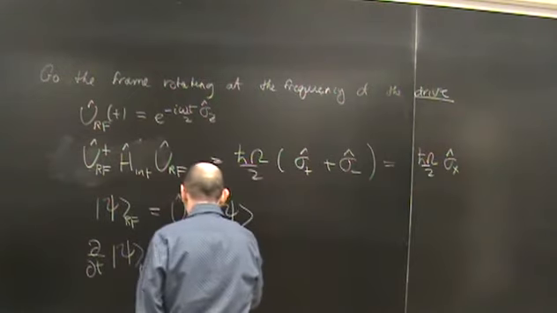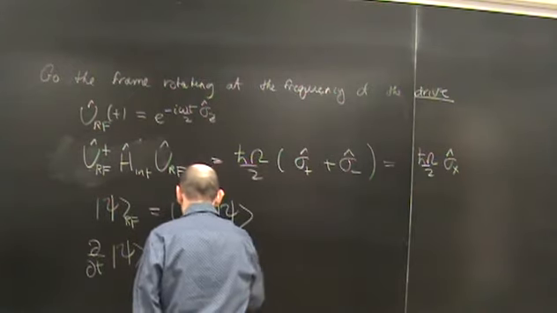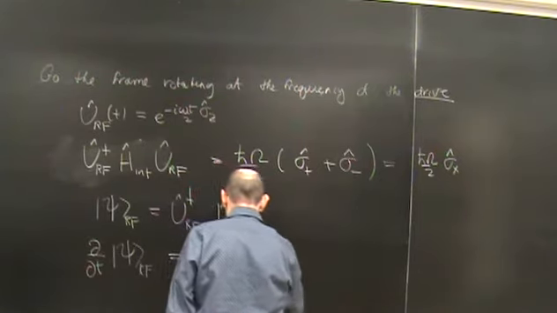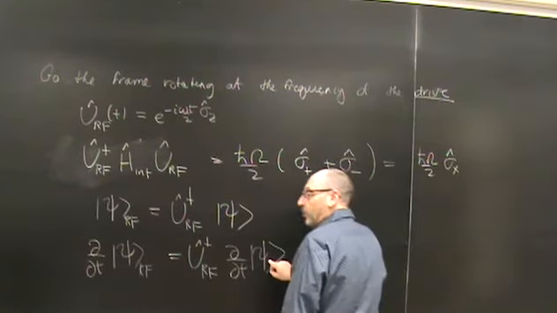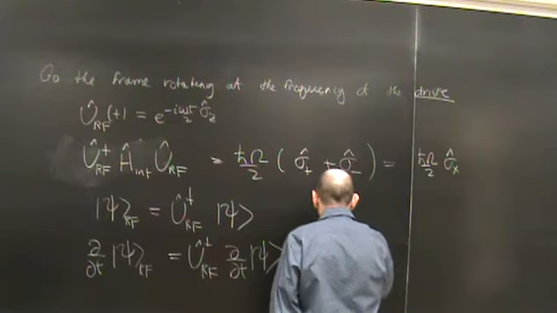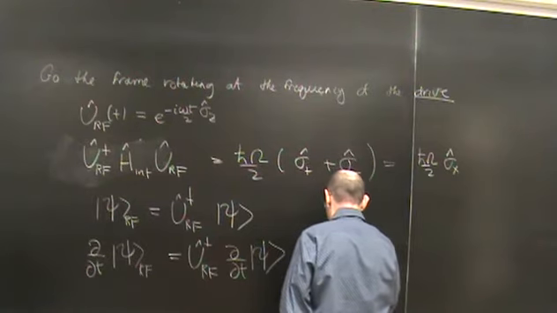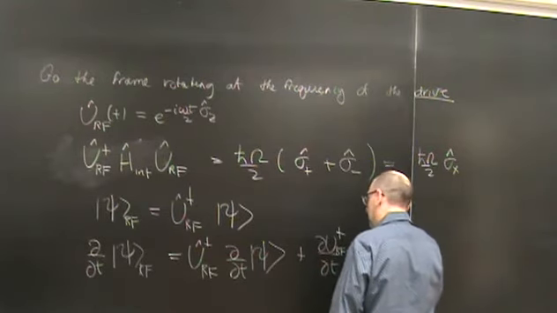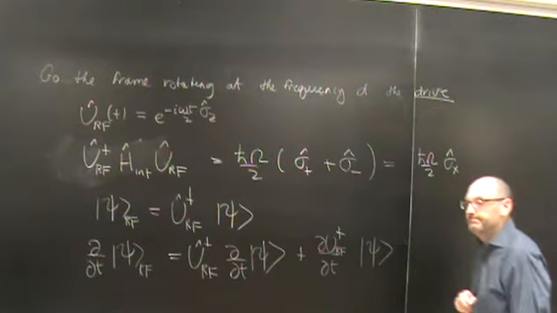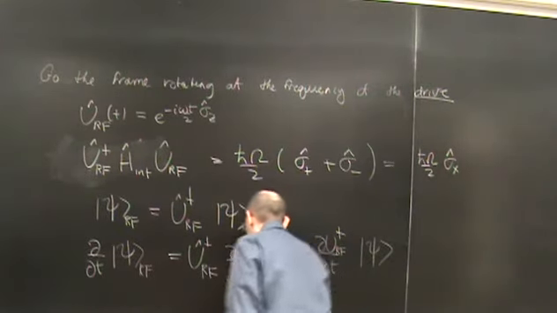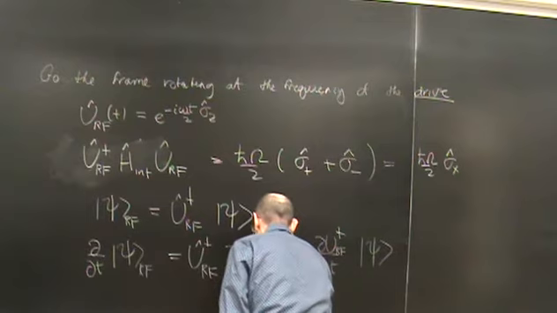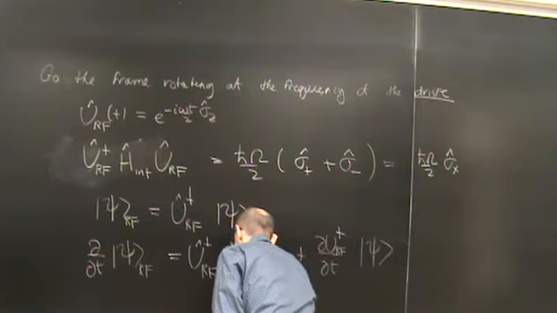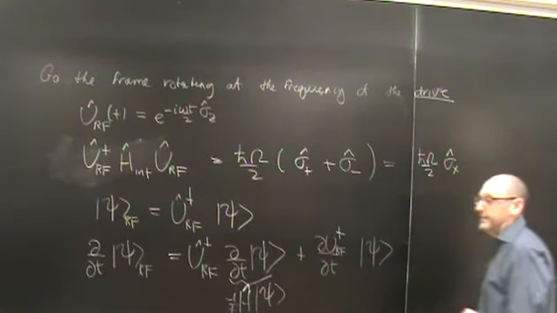And my state evolves in the following way. I have that, the Schrodinger picture state, plus this, the total Hamiltonian times minus i over h bar. That's the Schrodinger equation.